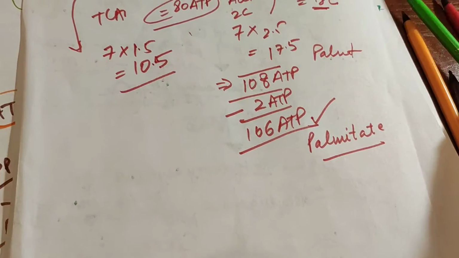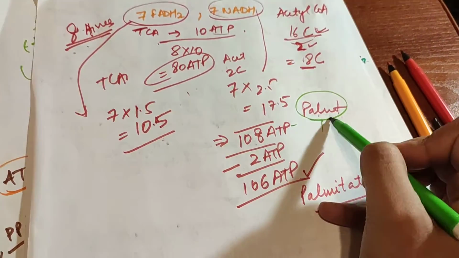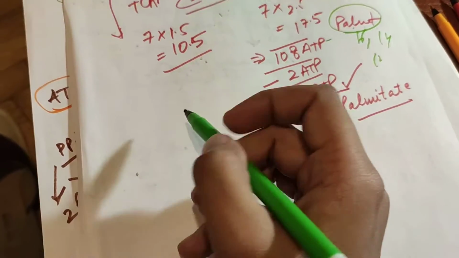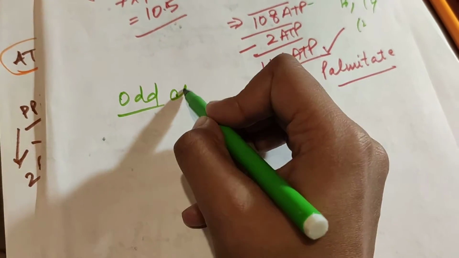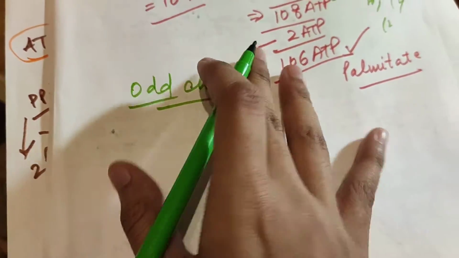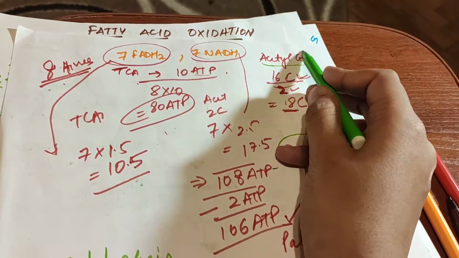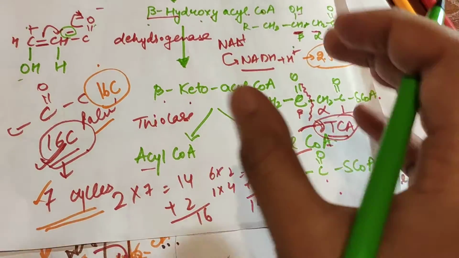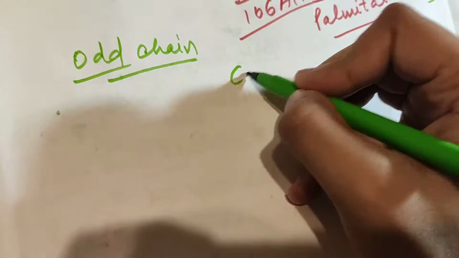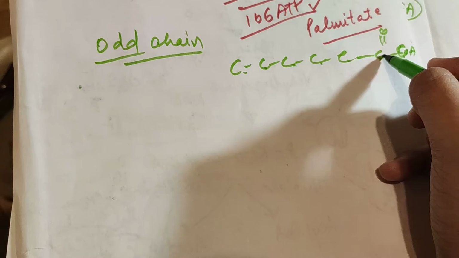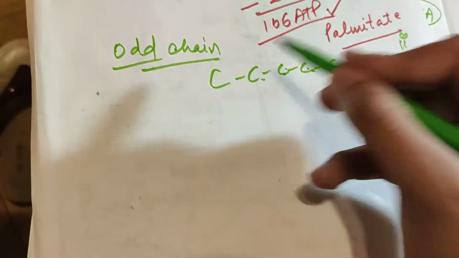Now if the chain is 16 carbon, or 14 or 12 or 24, it will happen like this only. But if there is an odd chain fatty acid, what will happen to it? We get rid of 2 carbons at a time, as acetyl coenzyme A forms. Suppose I am just giving you an example of a chain with 1, 2, 3, 4, 5, 6 carbons and coenzyme A. This is an odd chain.